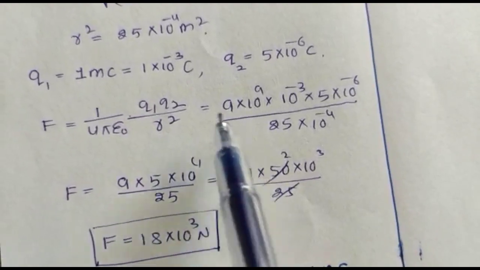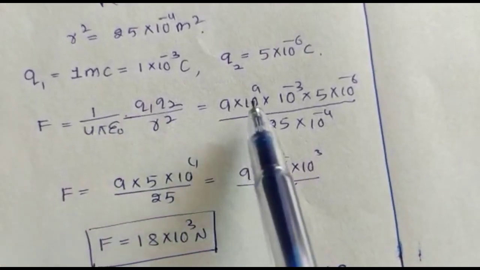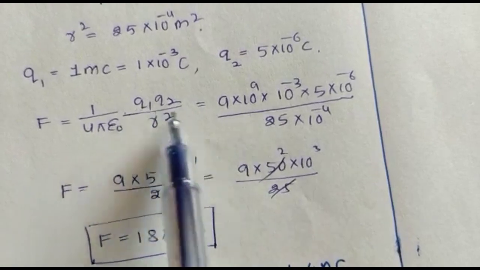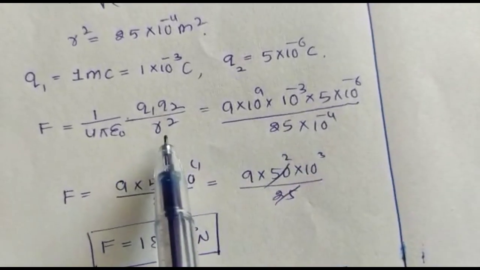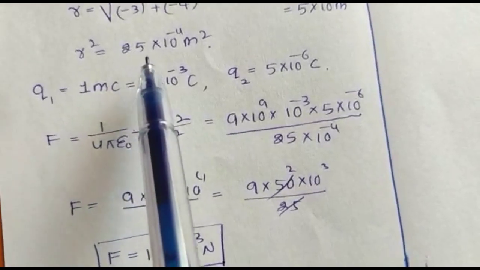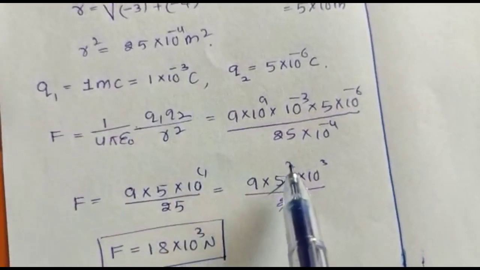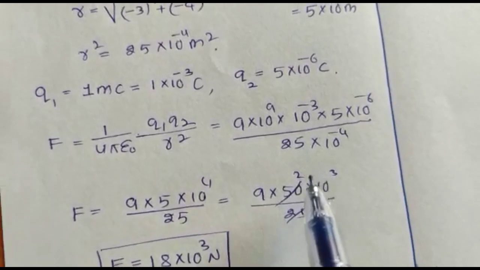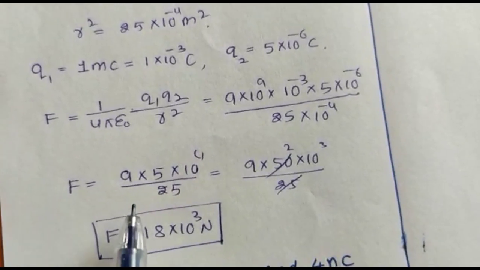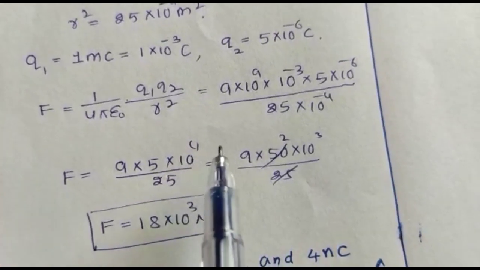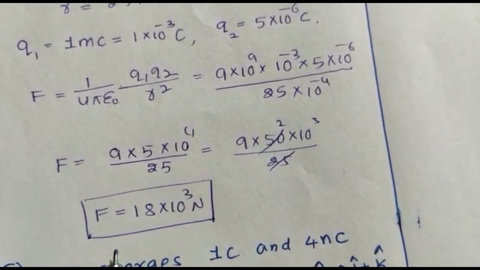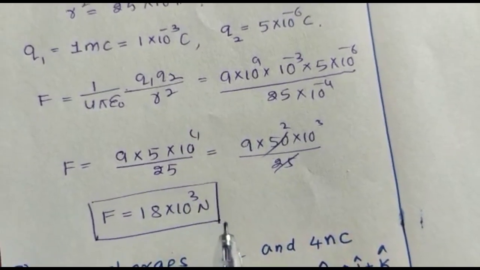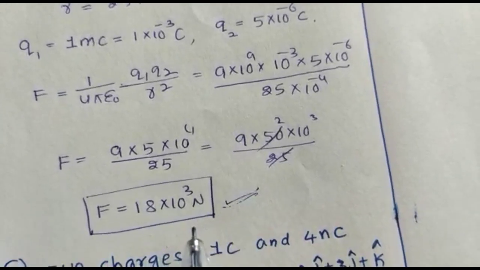The value of 1 by 4 pi epsilon naught is 9 into 10 power 9, Q1 is 1 into 10 power minus 3, Q2 is 5 into 10 power minus 6, and r square is 25 into 10 power minus 4. If you substitute and simplify, you get 9 into 5 into 10 power 4 by 25. The force between them is F equal to 18 into 10 power 3 Newton. This is the answer for that question.